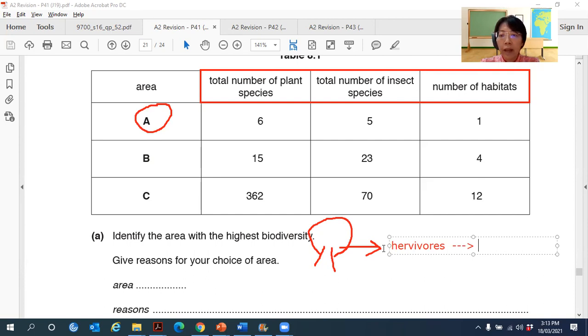Okay. Then after that, the carnivores. Okay. Carnivores also depend on the herbivore. So when the herbivores number drop, the carnivores numbers also will drop. Okay.